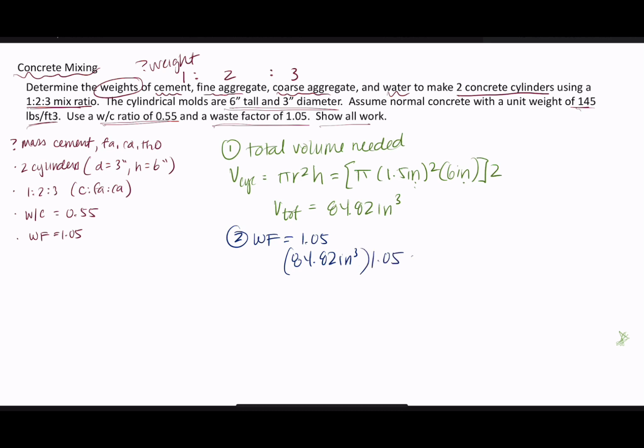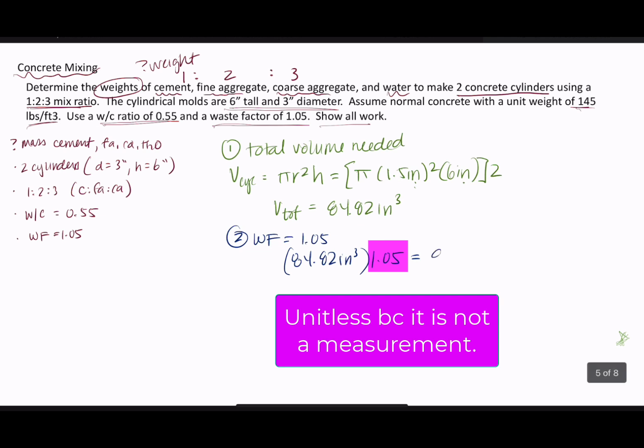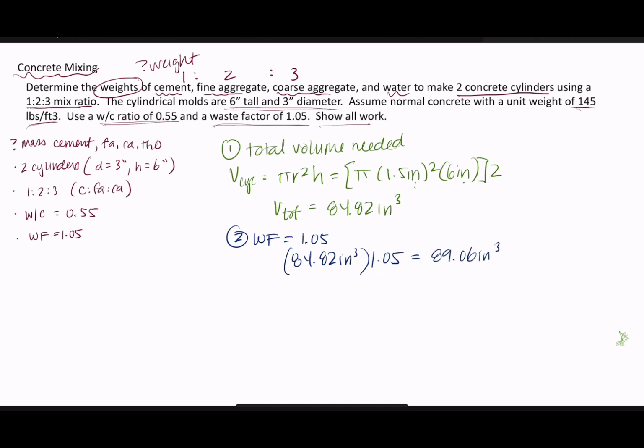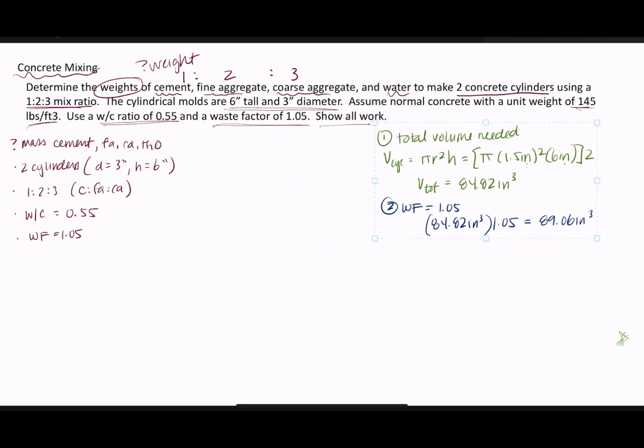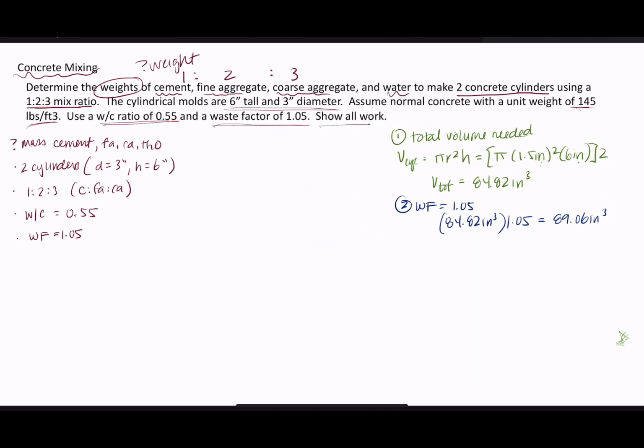That gives us 89.06 inches cubed. What that's doing is giving us an extra 5% volume to work with, just in case we make a mistake or lose a little bit. Let's put this over here and look at our next step.